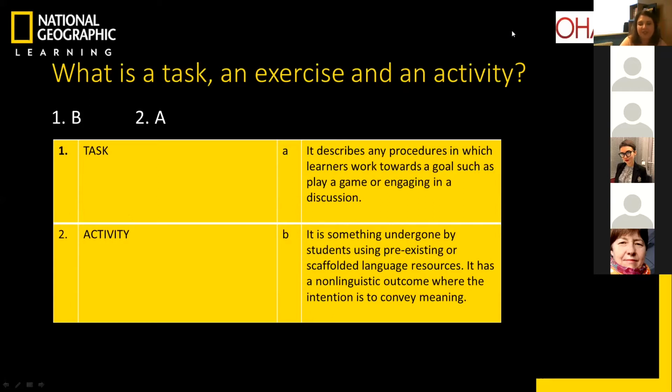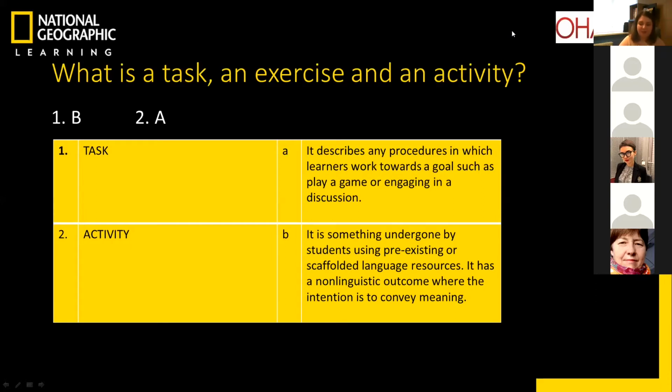Tasks may have a non-linguistic outcome, and the intention is to convey meaning. Activities are the procedures in which learners work towards a goal. In other words, a task is what we do, and an activity is how we do the task.